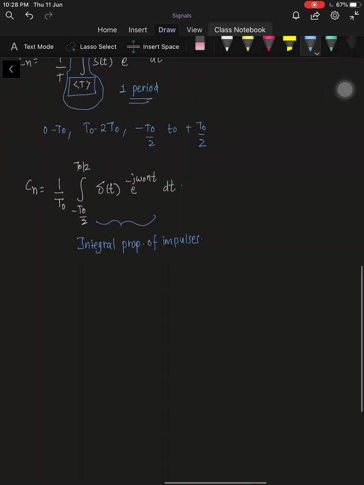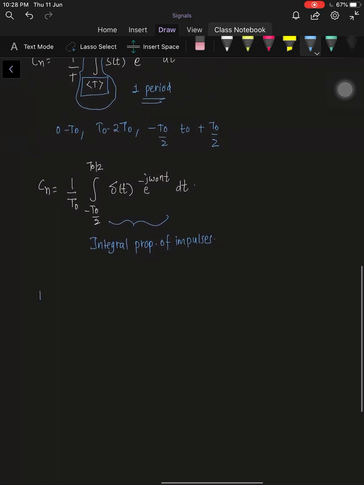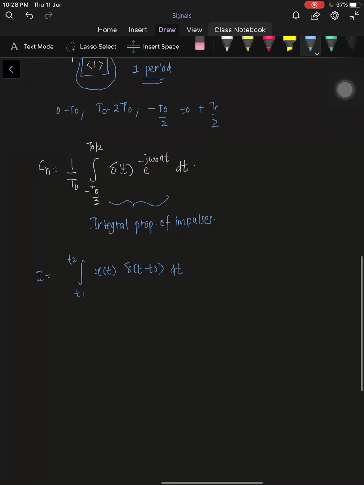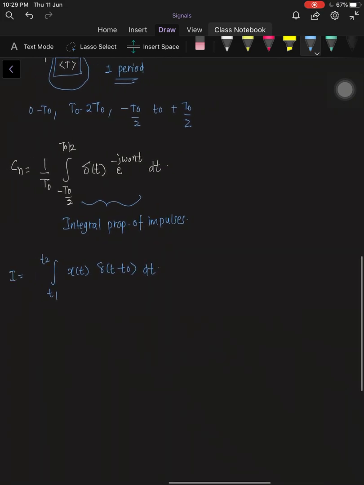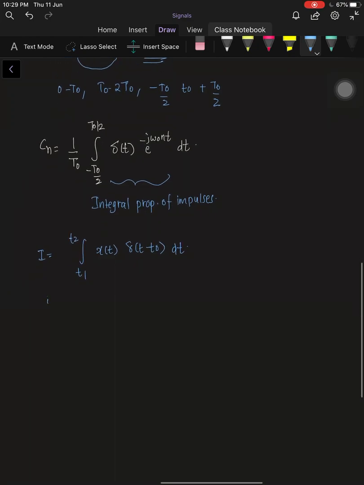That is to say, suppose we have the range t1 to t2, x of t delta of t minus t naught dt. Then if we just get into the results, there are two conditions.